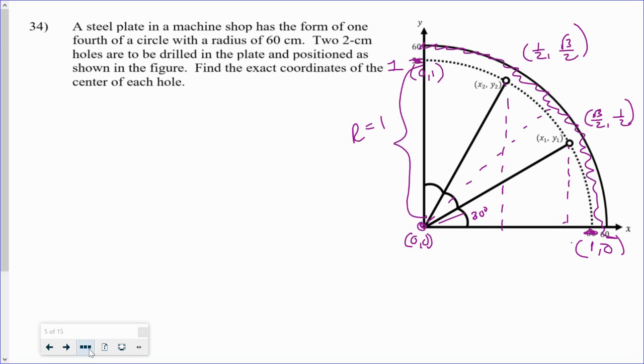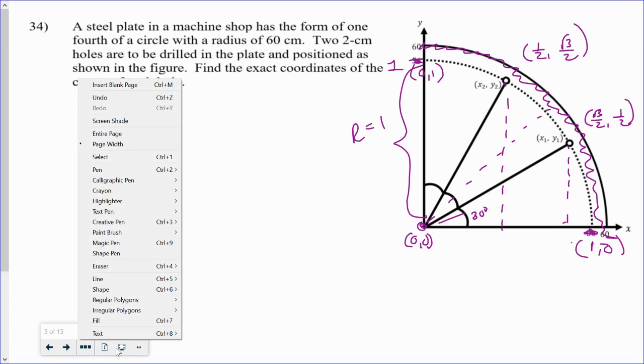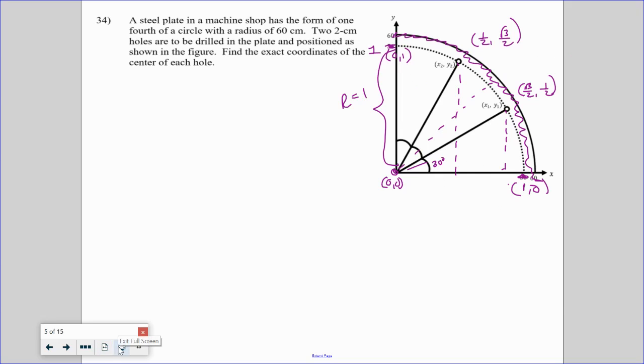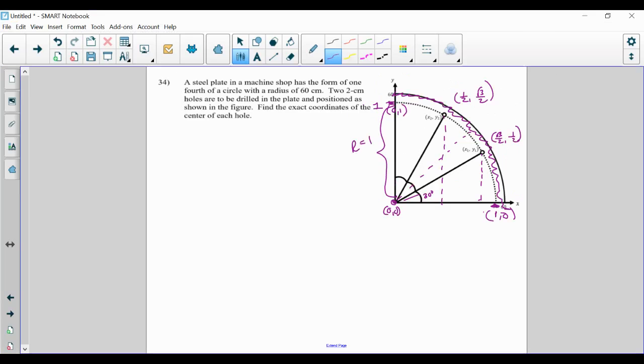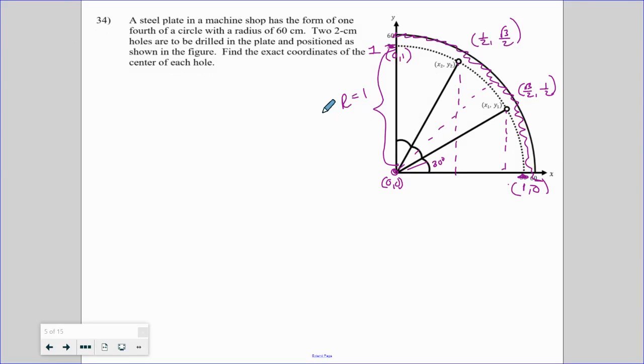Well, now all we're doing is changing the radius to something else. That's all we're doing. I don't know how to go to full screen right away. There we go. All right, so we're just changing it. Now we're saying instead of this triangle having this as a 1, I'm just going to do this triangle right here for reference.